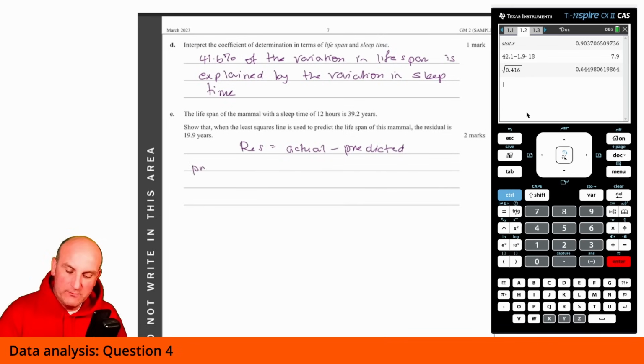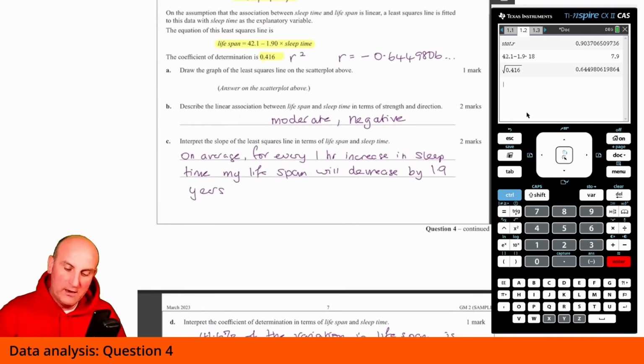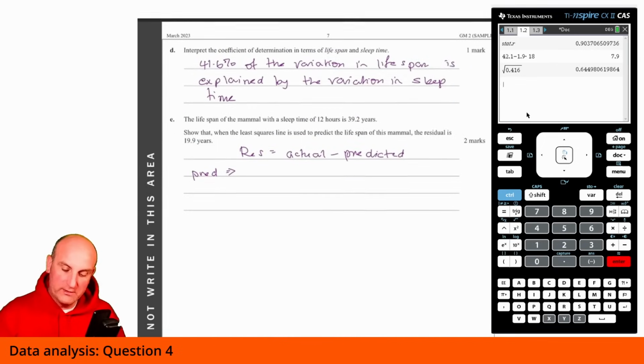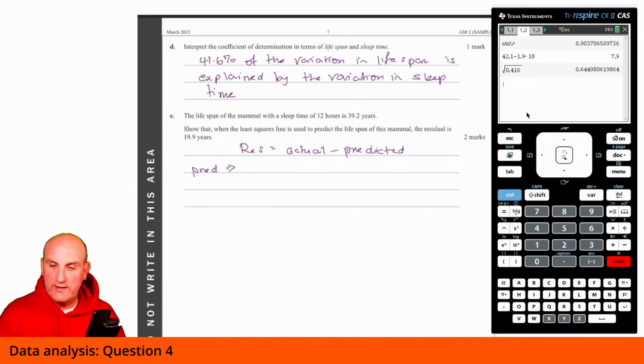So I tend to say my predicted is given by, well, we know from my equation that my lifespan is 42.1 minus 1.9 times the sleep time. So I'm just going to substitute in my 12 hours, because they've given me that my sleep time is 12 hours. So my predicted lifespan is 42.1 minus 1.90 times 12. Now, I want to put that into my calculator.